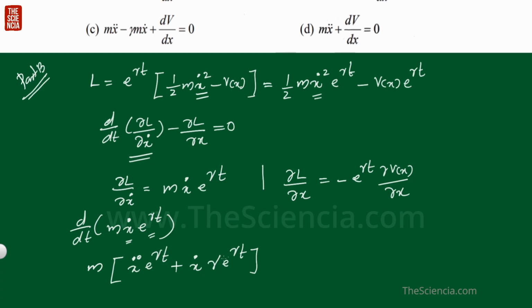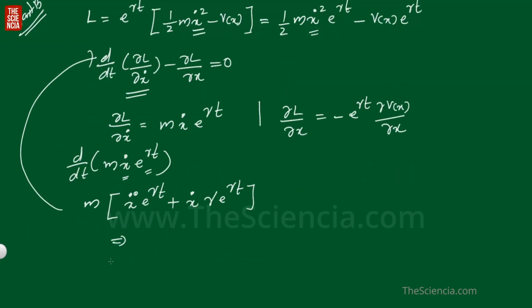Now we are substituting these two values in this equation, that is d/dt(∂L/∂ẋ) minus ∂L/∂x equal to m ẍ e^(γt) plus m ẋ γ e^(γt) minus ∂L/∂x, that is plus ∂V/∂x e^(γt), equal to 0. So here e^(γt) is a common term.